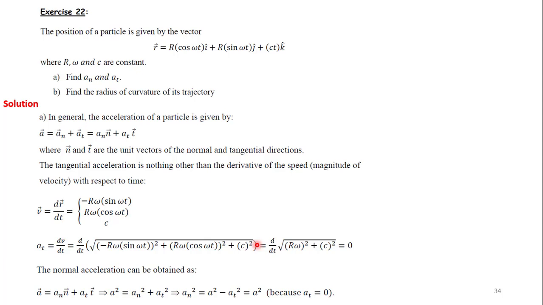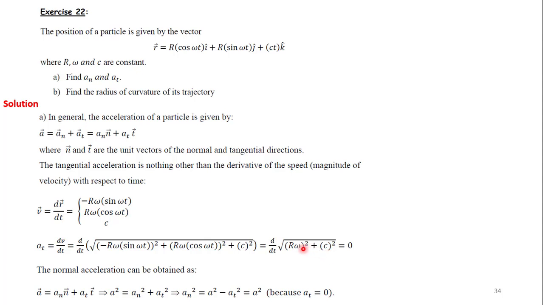And this will be equal to d over dt of the square root of R squared omega squared times, we can open the parenthesis, sine squared omega t plus cosine squared omega t, which is equal to 1. And so there remains only the term R squared omega squared plus c squared.